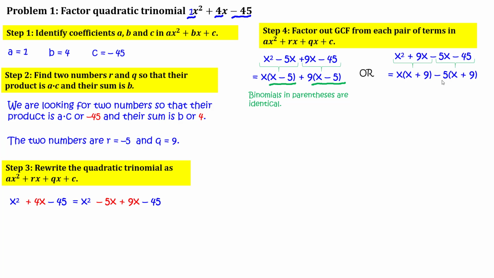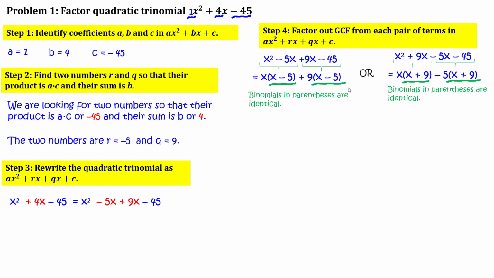And then remember, when you factor out a negative number, the signs inside change. So negative 5x divided by negative 5 is x. Negative 45 divided by negative 5 is positive 9. What you get here is this x plus 9 in the parentheses. So the binomials in the parentheses are identical.